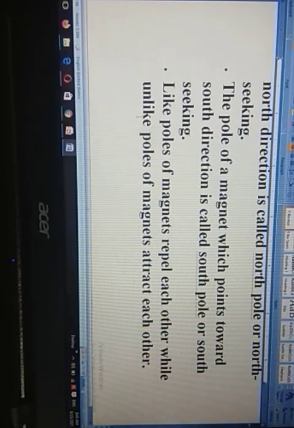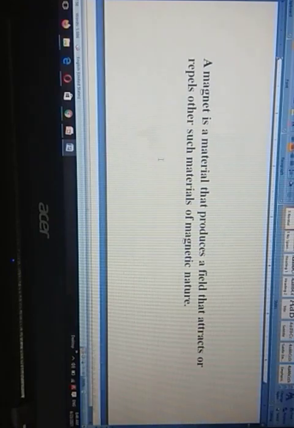When a bar magnet is suspended by an unspun thread, it orients itself in the north-south direction. When two magnets are brought close together, like poles repel, whereas unlike poles attract each other. So we can say that a magnet is a material that produces a field that attracts or repels other materials of magnetic nature.